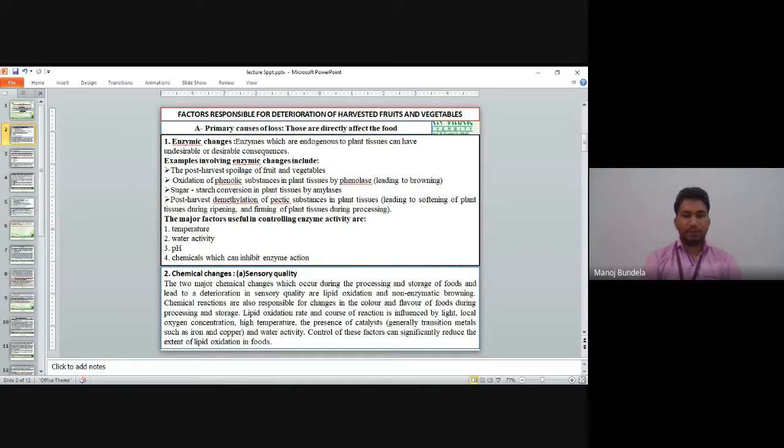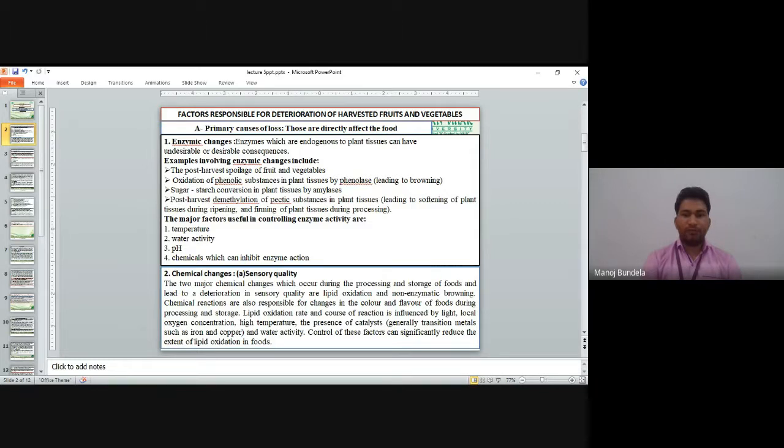Lipid oxidation rate and course of reaction is influenced by light, local oxygen concentration, high temperature, the presence of catalysts, generally transition metals such as iron and copper, and water activity.